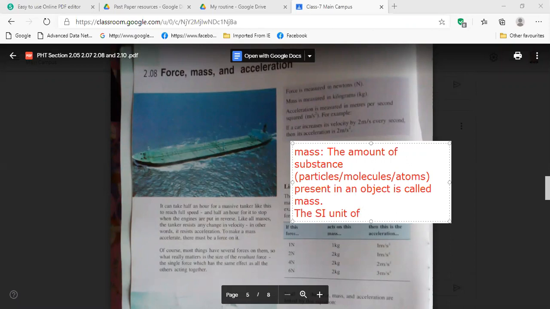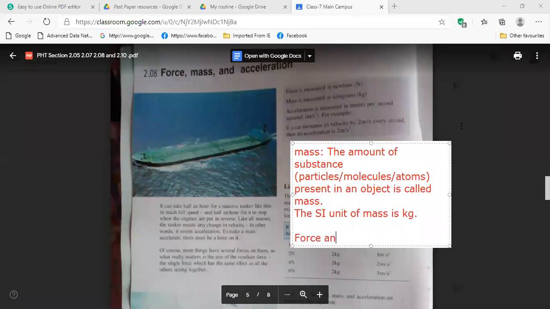Very good. This way you should respond quickly. Then I get confidence that yes, my learners are revising and going through the notes. So this one is about mass.